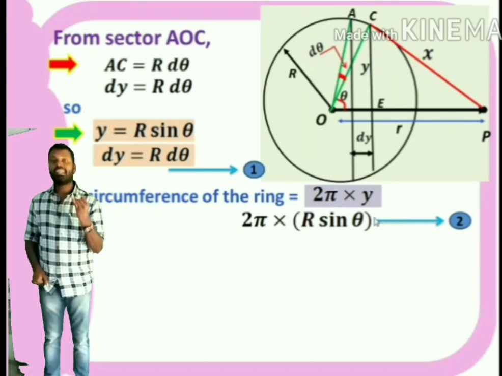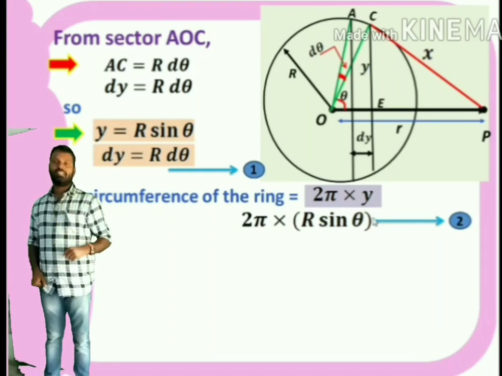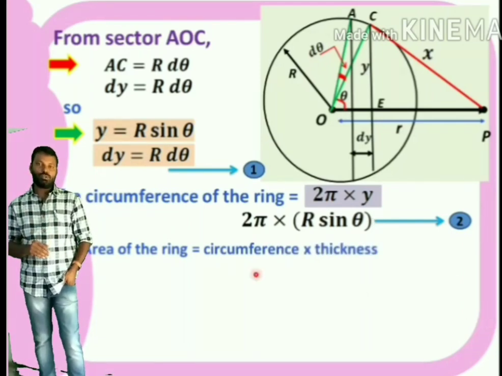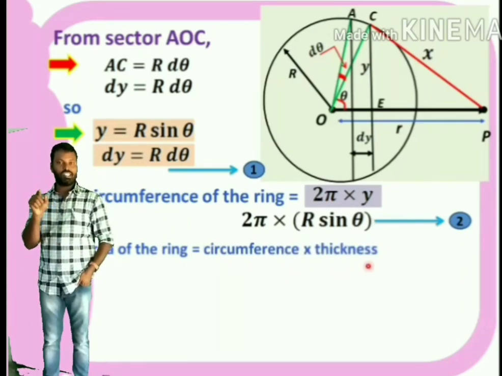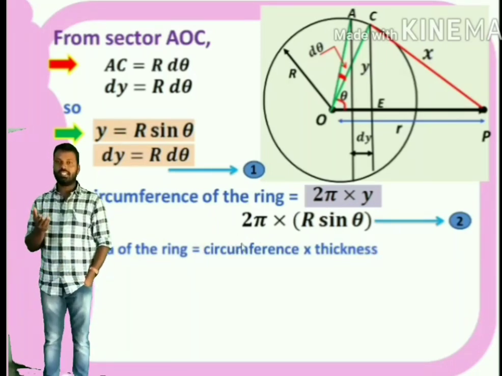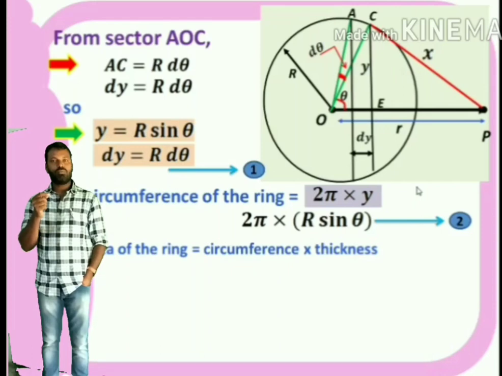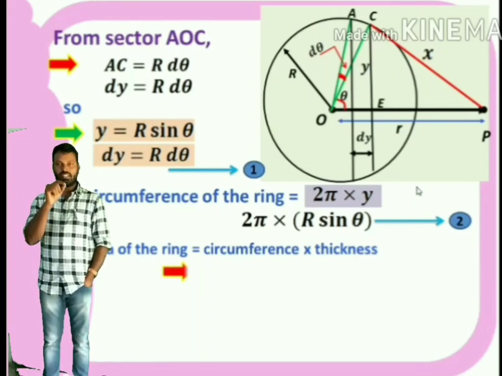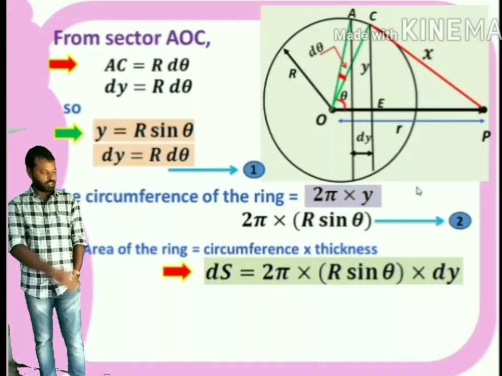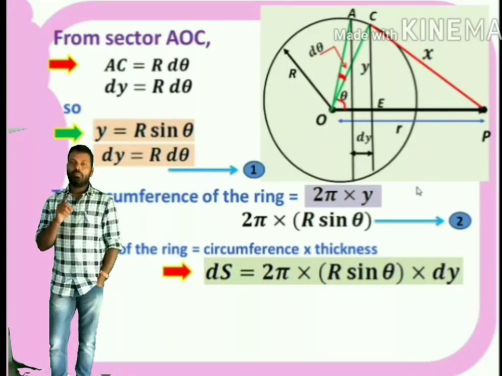Now I have circumference and I have thickness. From this what I can do? I can find out area of the ring. What is the formula for area of the ring? Area of the ring is equal to circumference into thickness. What is circumference? 2 pi R sin theta. What is thickness? dy. So my area of the ring ds is given by 2 pi into R sin theta into dy.